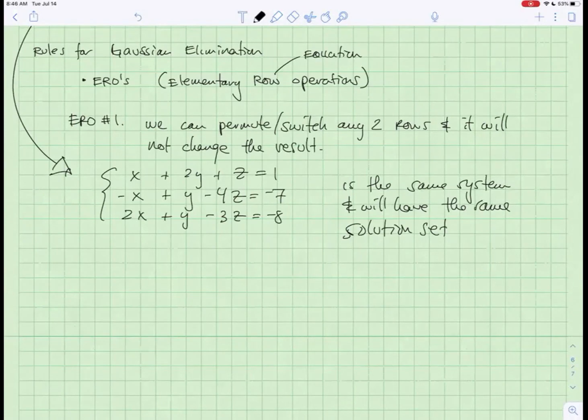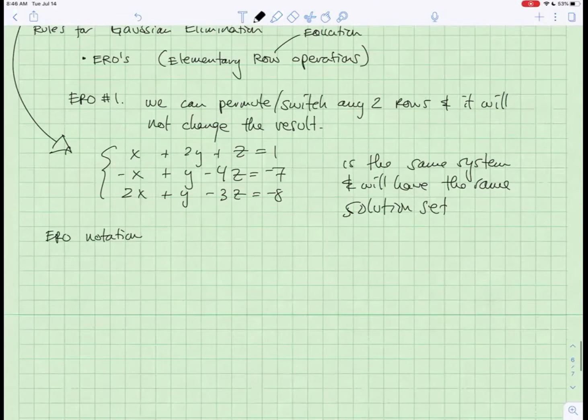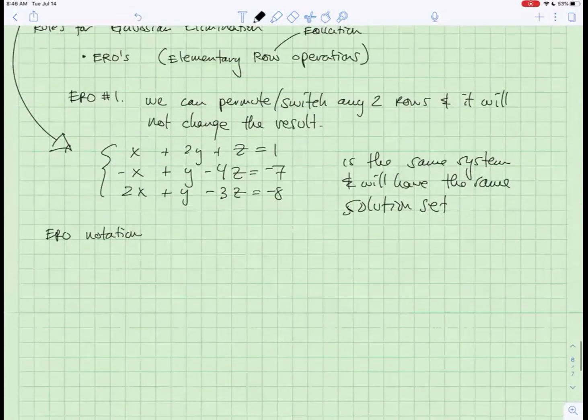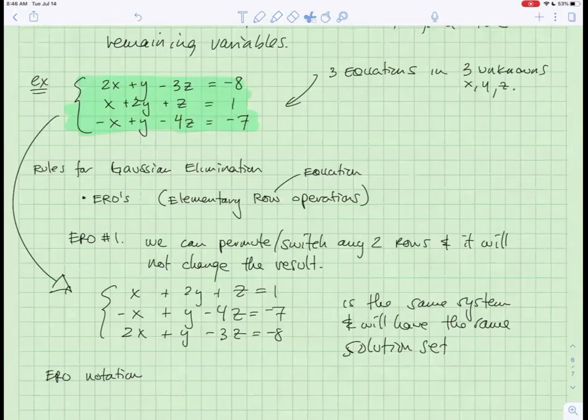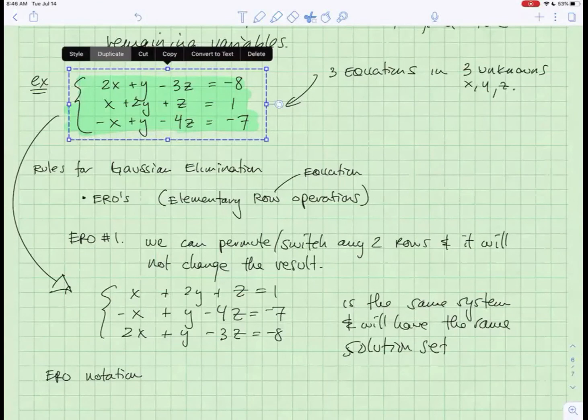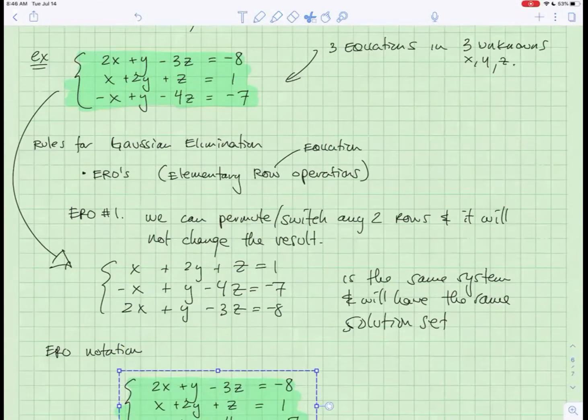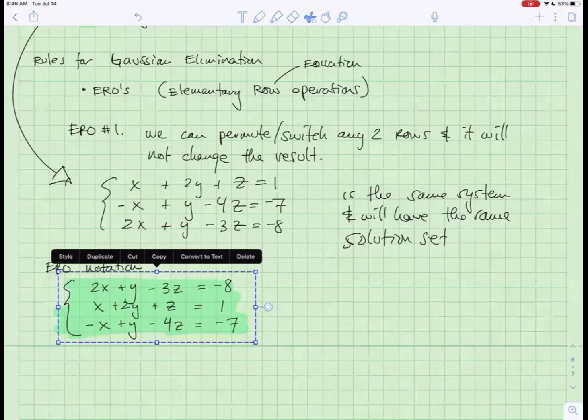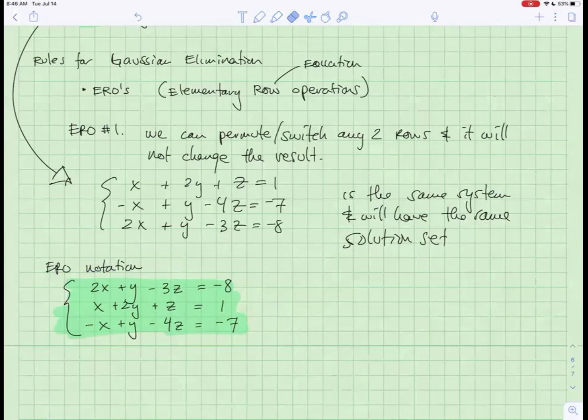Now, we have notation for that. ERO notation. Let me just cut and paste this here. And let me cut and paste this one as well.